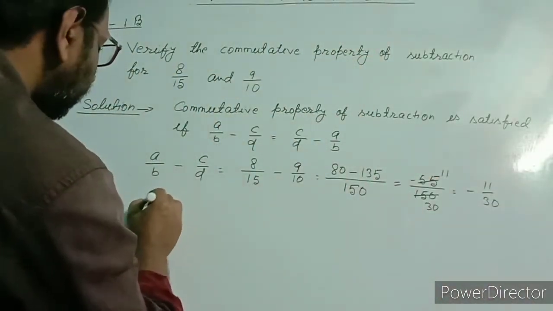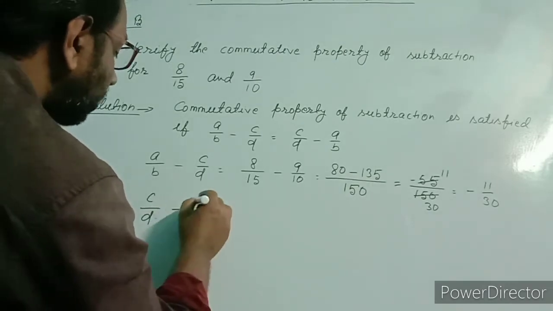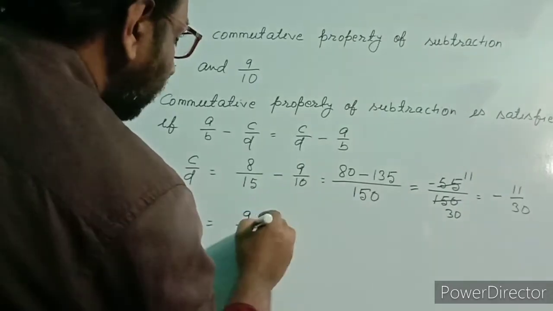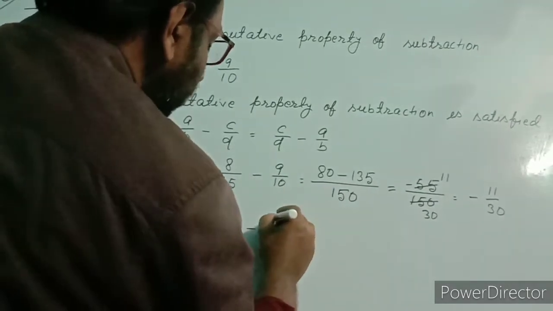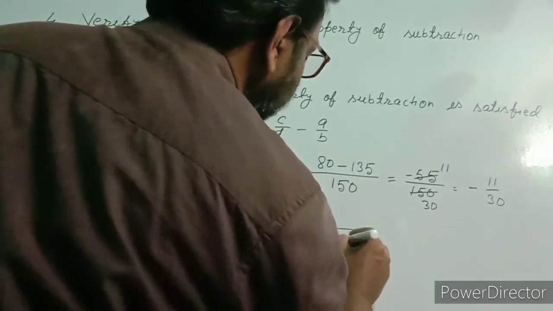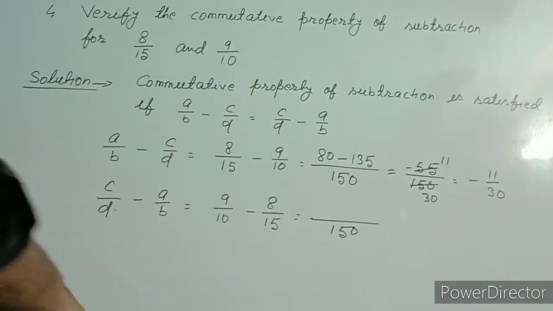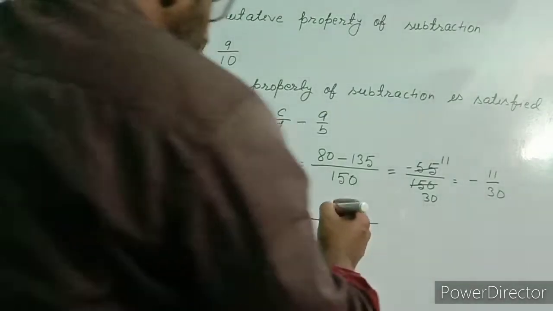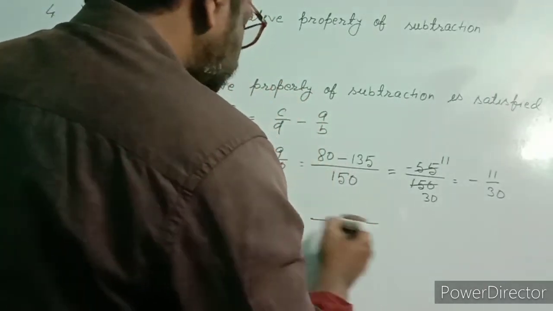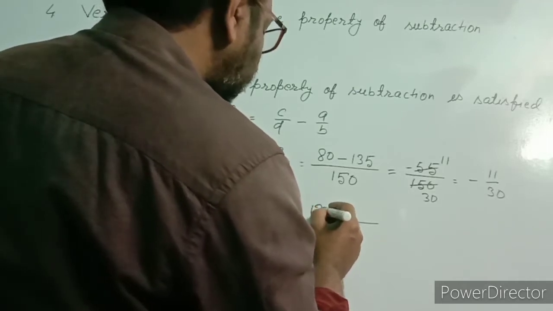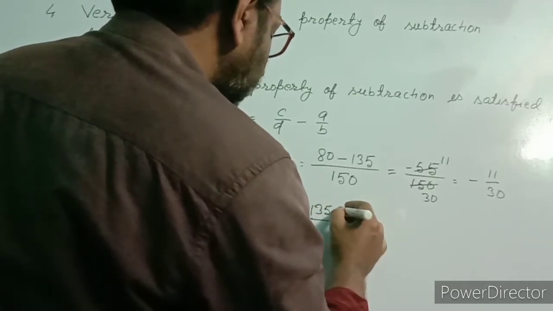Now we write C by D minus A by B, that is 9 by 10 minus 8 by 15. The LCM became 150. 15 into 9 is 135 minus 80.